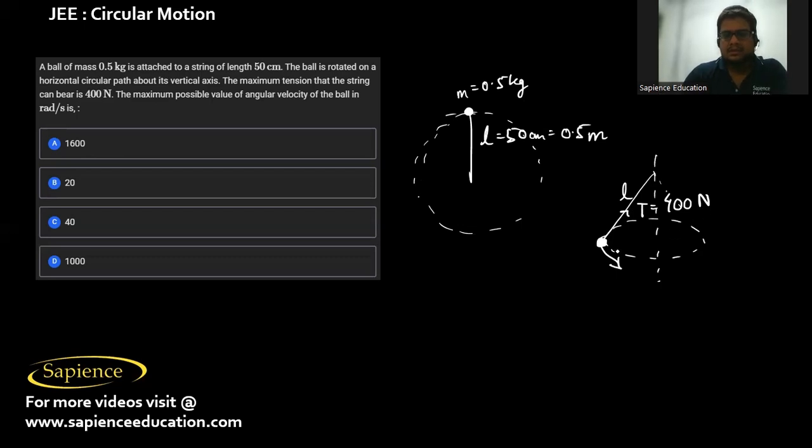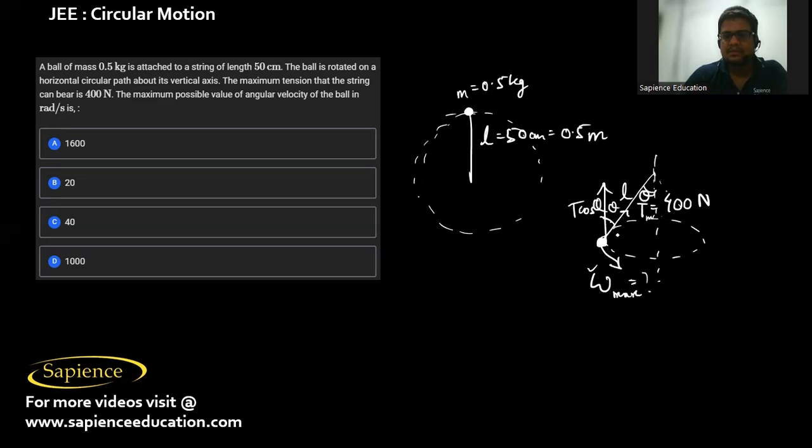So we have to find the maximum angular velocity. The maximum angular velocity will come when the maximum tension acts. So this is T, let's say. If the angle the string makes with the vertical is theta, this is T, and this will also be theta.